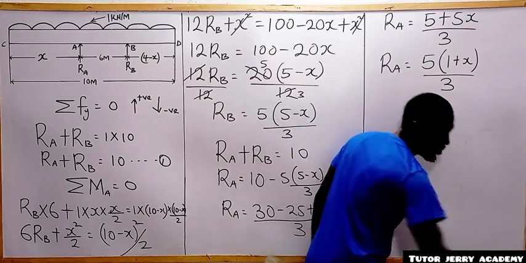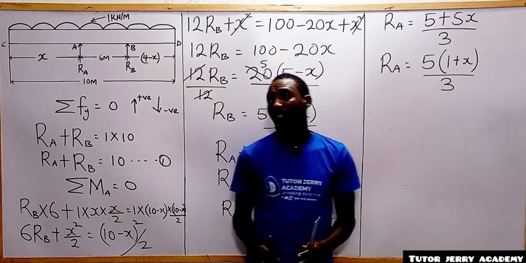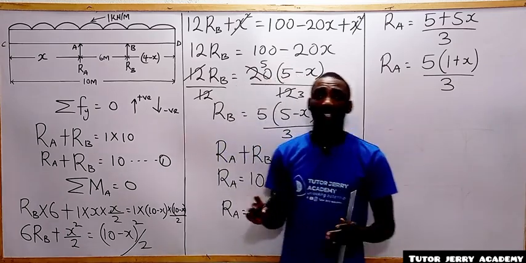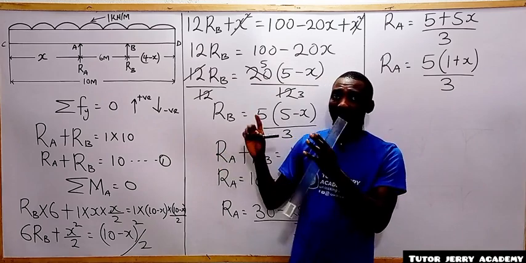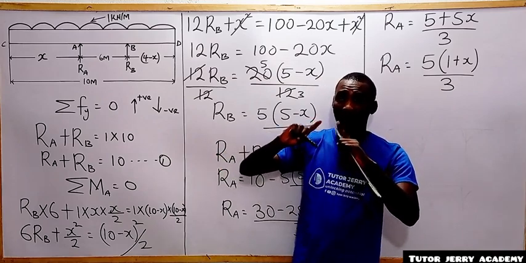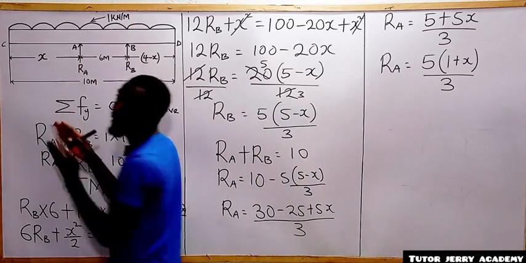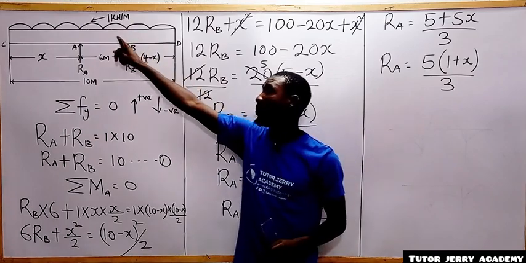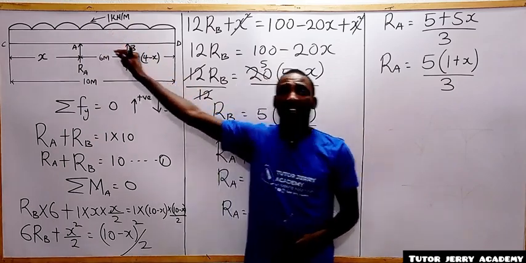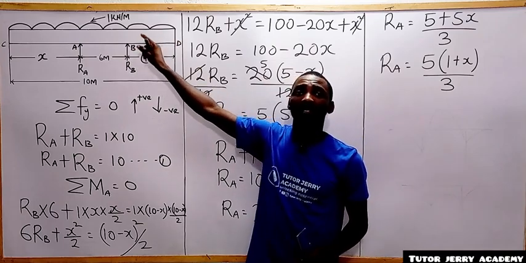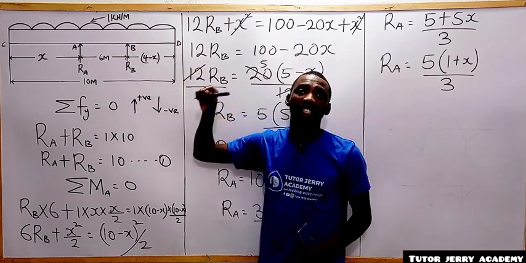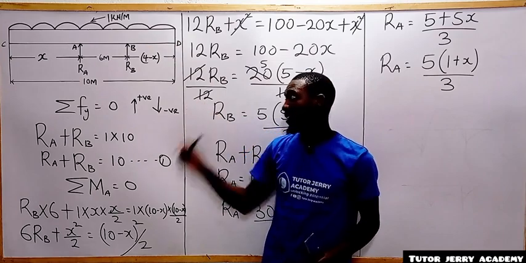Now, you are going to note again that our bending moment is going to be maximum. I think we are going to have our maximum positive bending moment within the span AB. And we are going to have our maximum bending moment where our shear force is equal to 0.